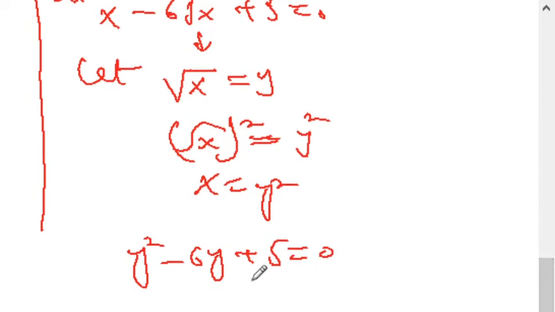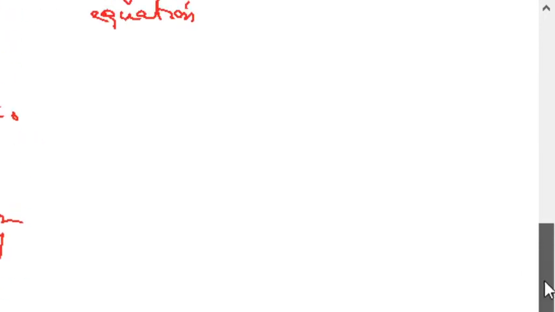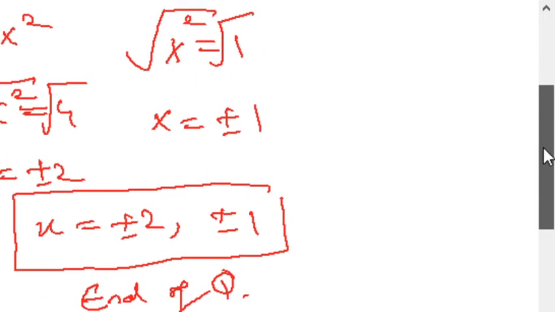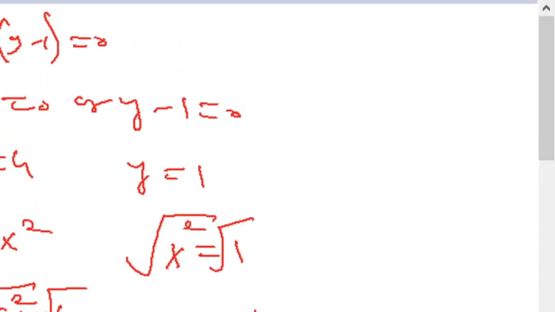Now multiply the first and the last. I got 5y square, then two things whose product should be 5y square, but if we add them we get minus 6y. So we have y square minus 6y plus 5 equal to 0.